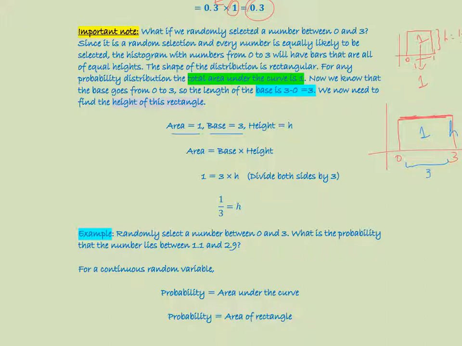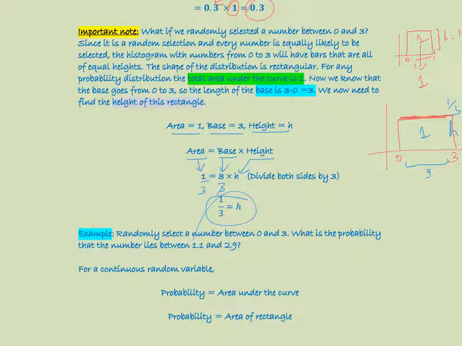We need to determine the height of this rectangular distribution. Area equals base times height. We just plug in the numbers. Area equals 1, base equals 3, height we call h. Solving for h by dividing both sides by 3, we get 1/3 equals h. So the height of this distribution is 1/3.